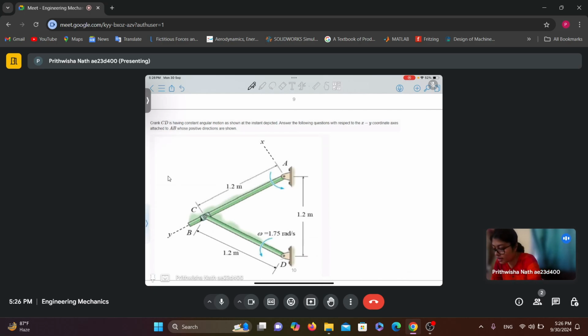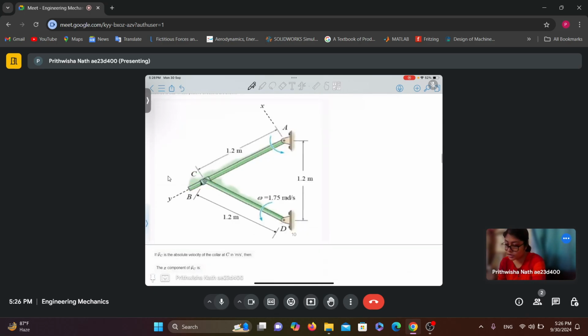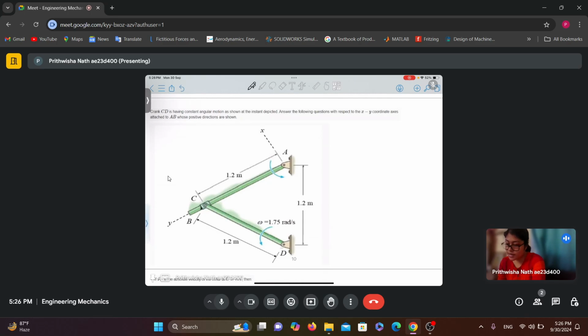So the crank here is CD, which is rotating at an angular velocity of 1.75 radians per second. It can be seen from the question. And the XY coordinates are mentioned in the problem. So using this as the reference, we need to answer the questions.